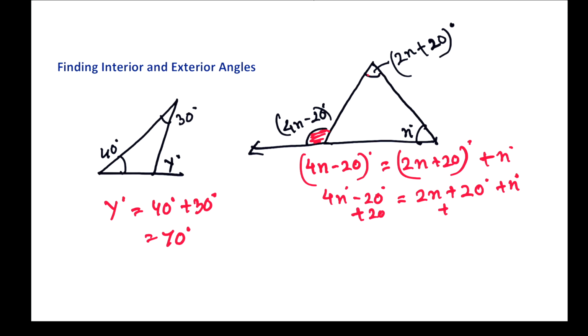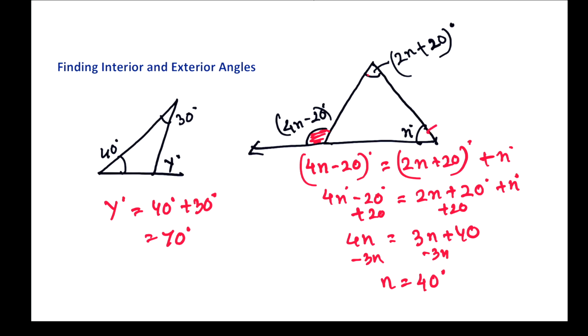Adding 20 to both sides, 4n is equal to 3n plus 40. Subtracting 3n, 4n minus 3n is n, which is equal to 40 degrees.